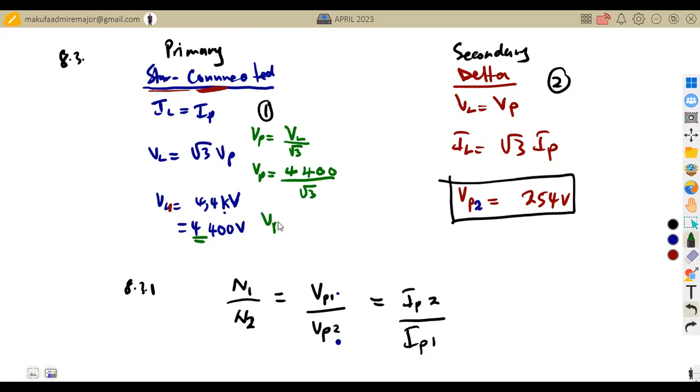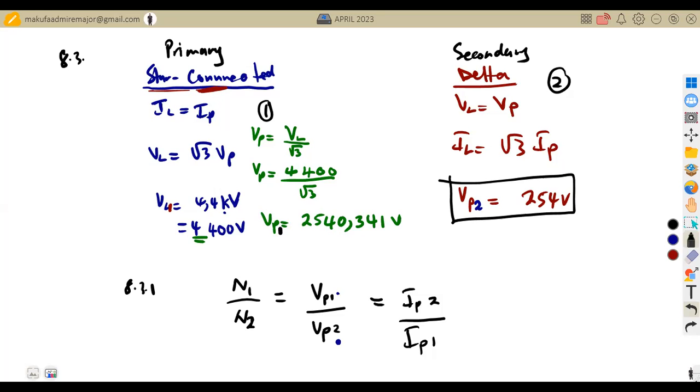This is going to give us the phase voltage for the primary, which is something like 2,540.341 volts. All right, so this is from the primary, and we are going to write it as VP1.